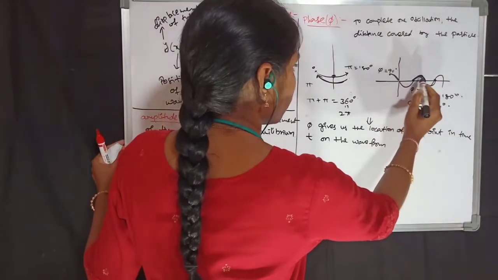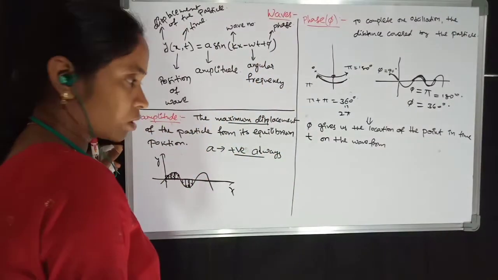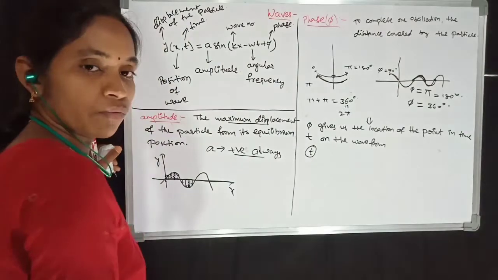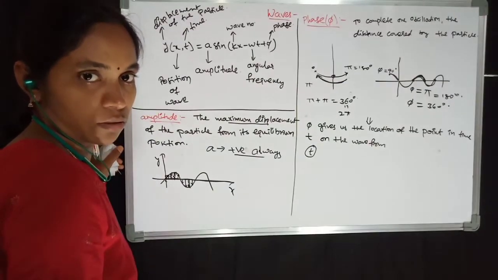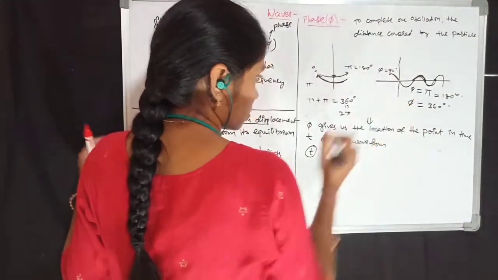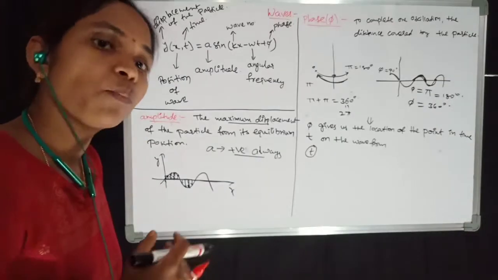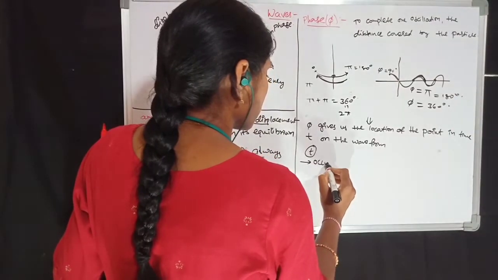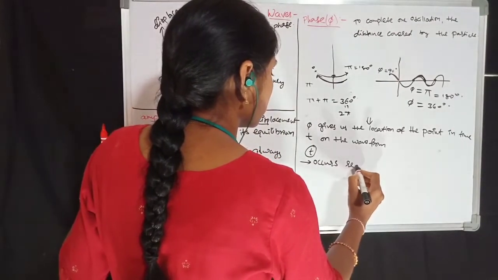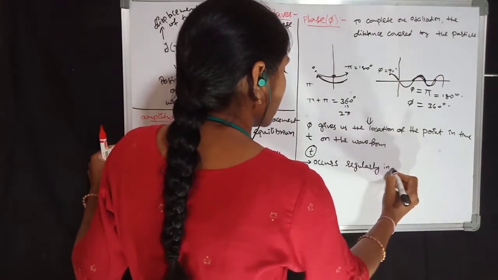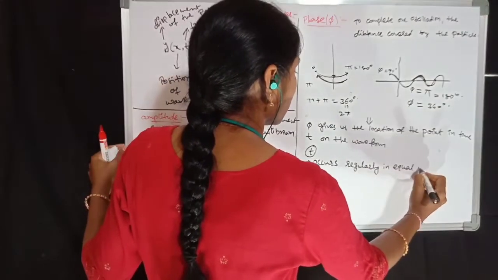This is the waveform I have, and in time t, where is the point located? I want to find out. This phi gives us the location of that point, and this phi occurs regularly in equal intervals of time.